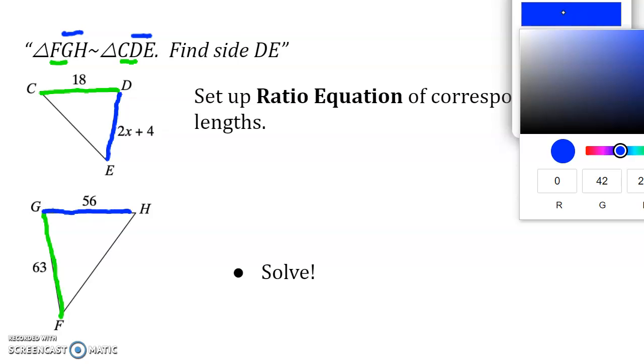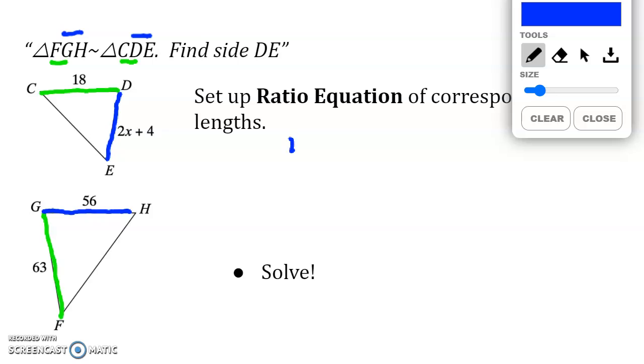So let's go with 18 divided by 63 is equal to 2x plus 4, that's the expression, divided by 56. So we know that they are proportional. That means we can set it up like this. Now from here we need to solve.